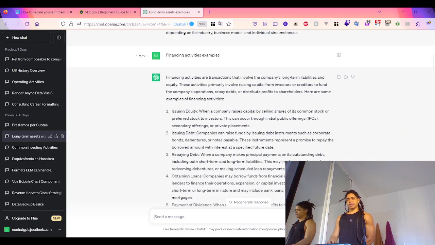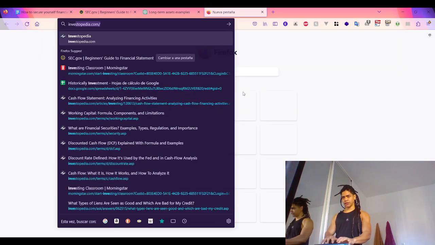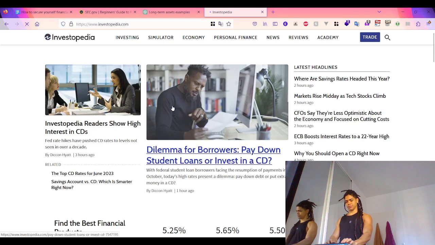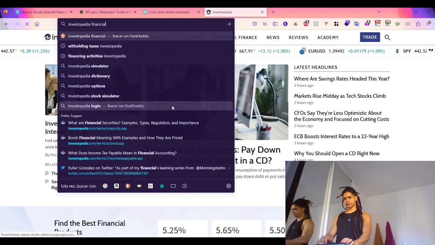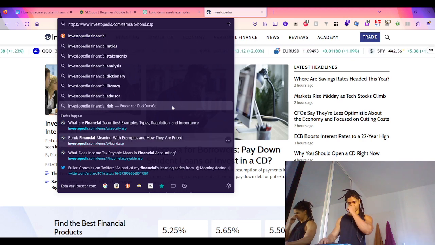So this financing activity mentioned that. And when I look at Investopedia, what are the financial securities?